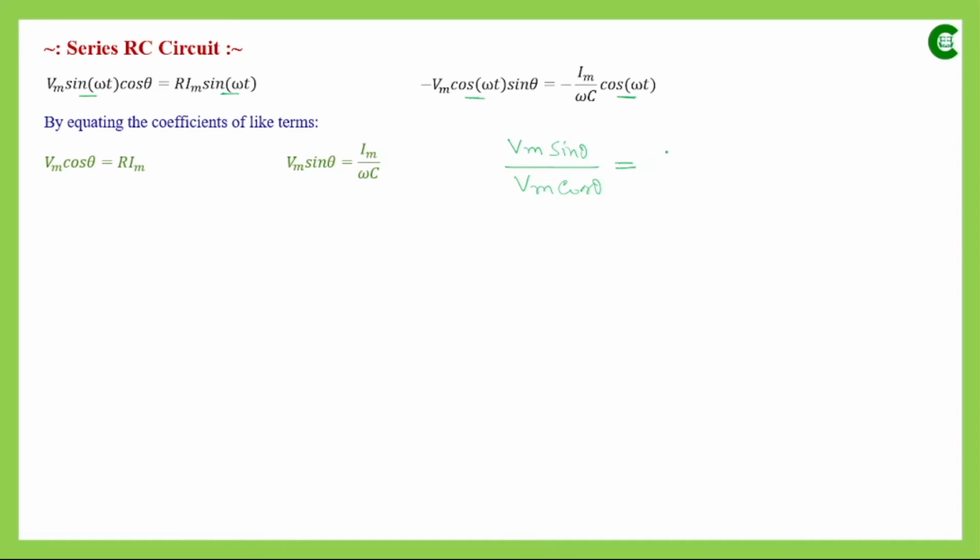And similarly, on the right side it will be Im by omega C, divided by R Im. This Vm will cancel, and this Im also will cancel. Then we are getting this relationship: tan theta equals 1 by omega C R. So from here we can conclude that theta will be tan inverse of 1 by omega C R.